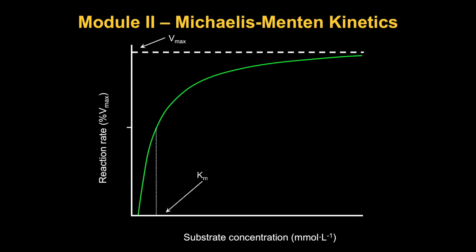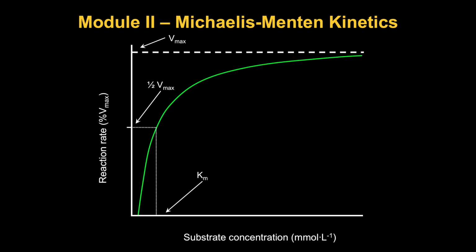Now, if we say that the Km for this particular curve occurs down here at this small dashed line on the x-axis, we're saying that we have saturated the enzyme or the transport protein to half of Vmax here. So this particular curve is exemplary of a low Km value.